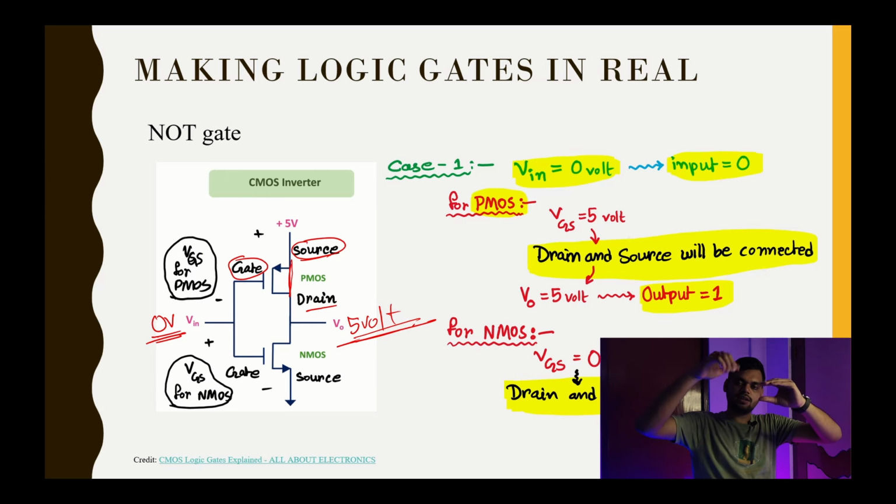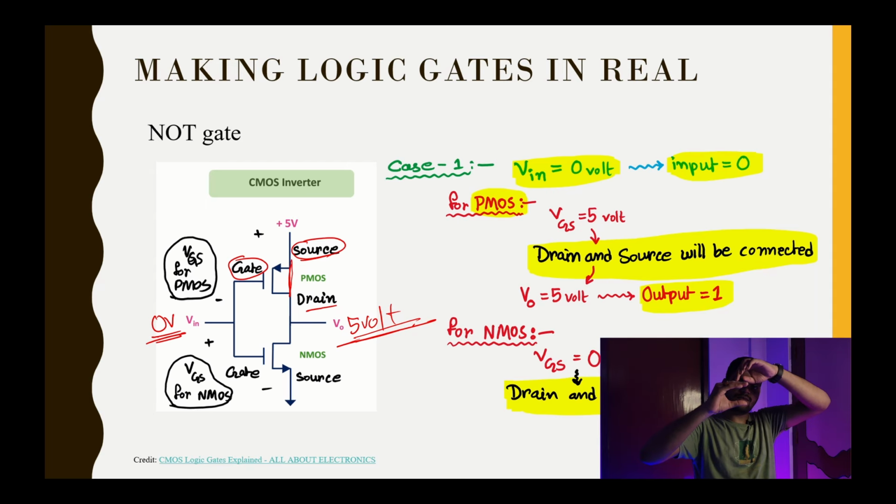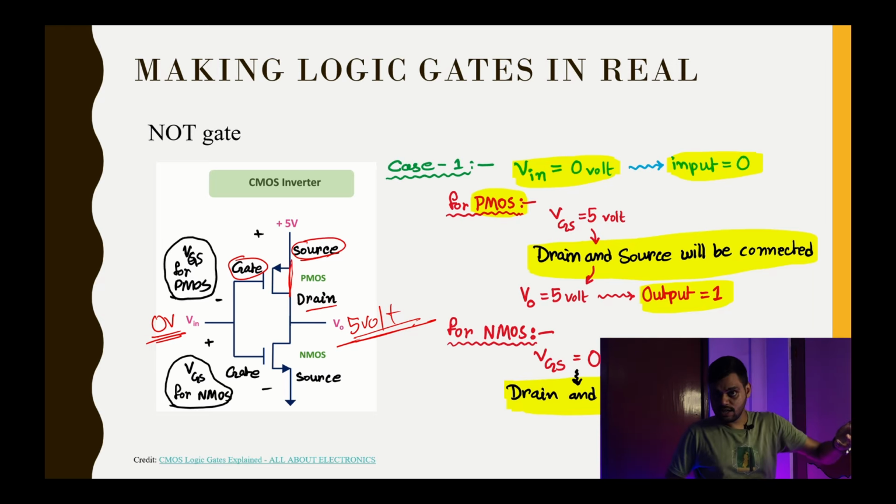As the source voltage is 5 volt, the drain voltage will also be 5 volt. So we are giving 0 volt as input and getting 5 volt as output. Obviously it is a gain. So we can take the output as 1.